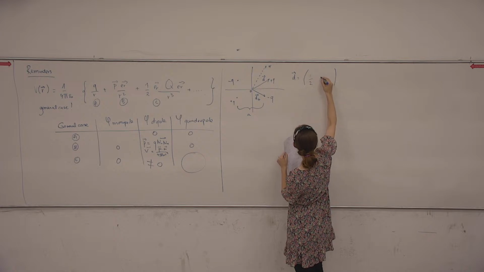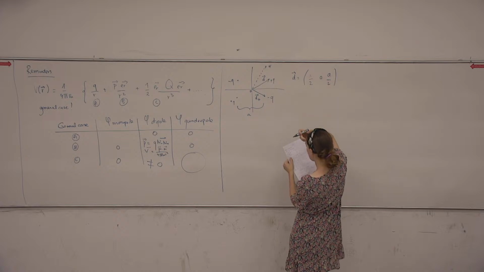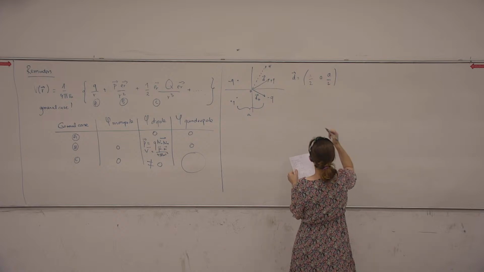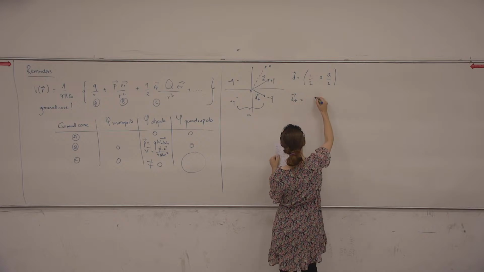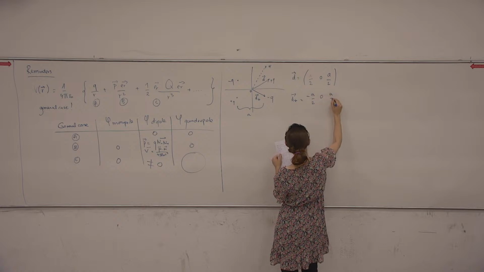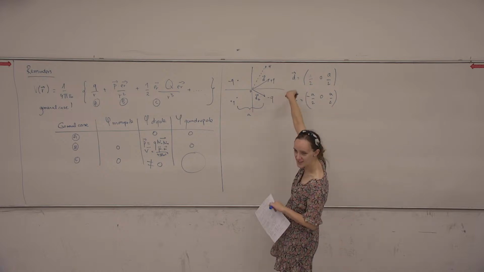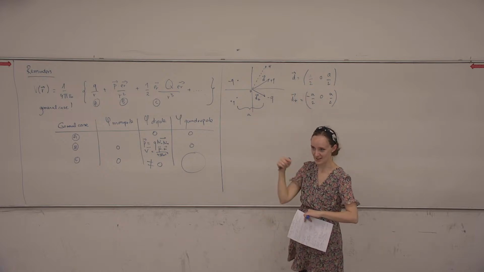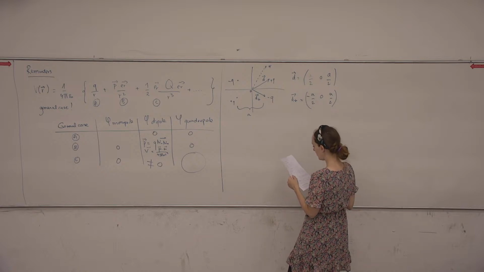X, 0 and A over 2. And this D star is minus A over 2, 0, A over 2. So this is X and Z. Y is perpendicular to the board.